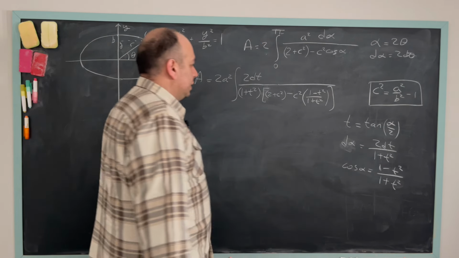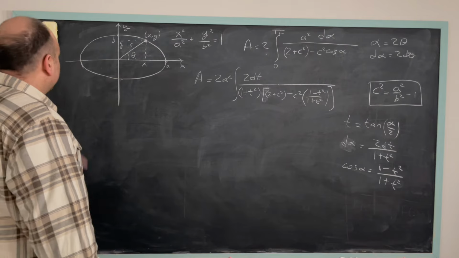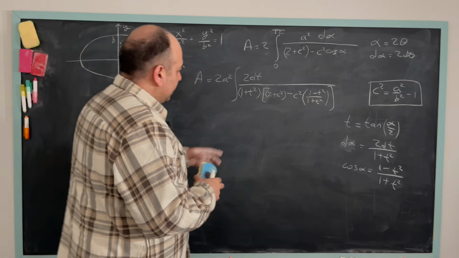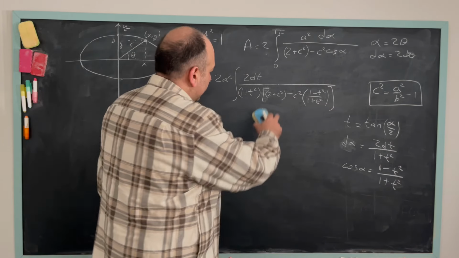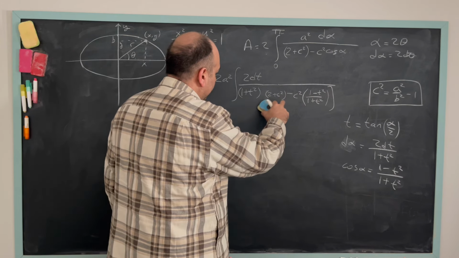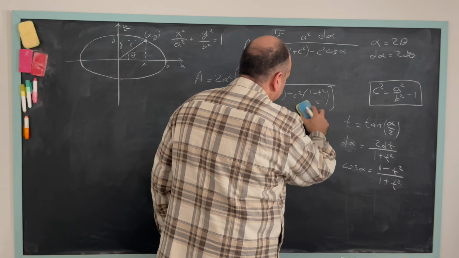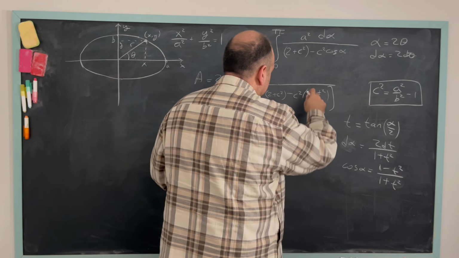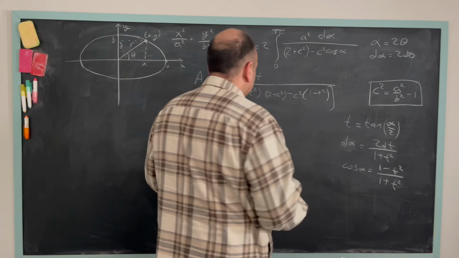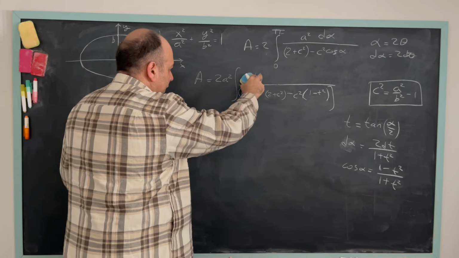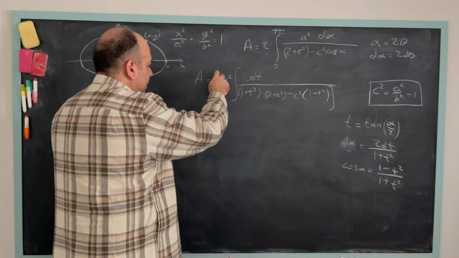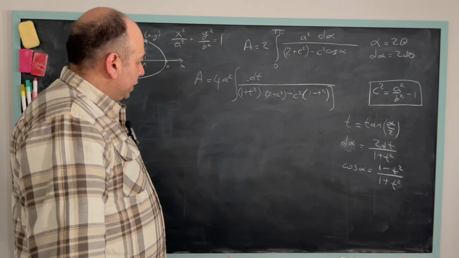Close. And then this is what I want to calculate. Okay, so when I multiply everything with 1 plus t squared here, I have this term. Then I have minus that. Okay. A nice simplification. So this becomes 4 here for a squared.